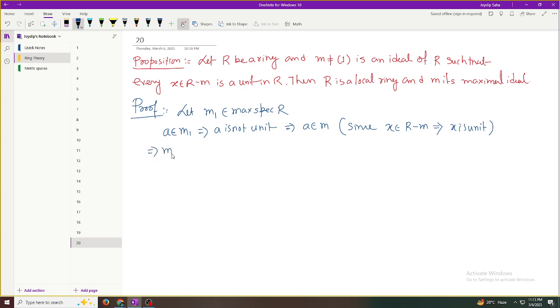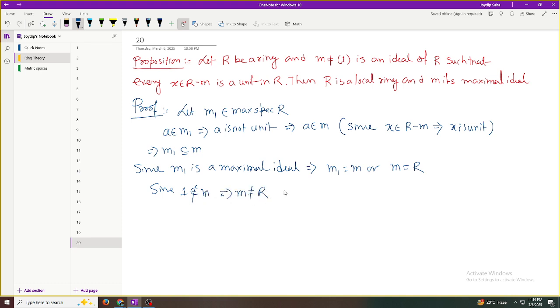But this implies M1 is a subset of M. Since M1 is a maximal ideal, this implies M1 equals M or M equals R. Since 1 does not belong to M, M is not equal to R. This implies M1 equals M. So max spec R equals M, and then the ring is called a local ring. Yes, the ring is local.